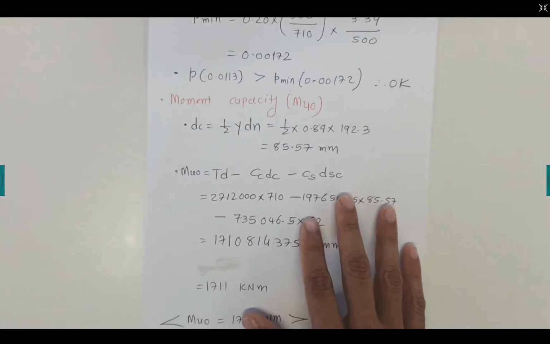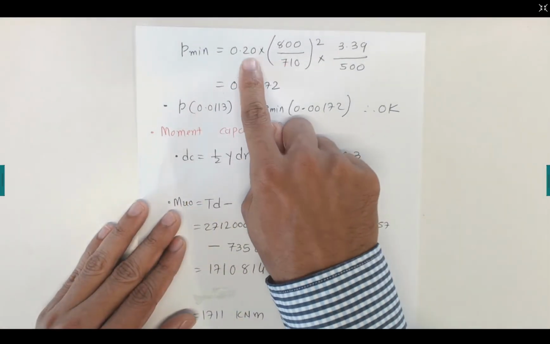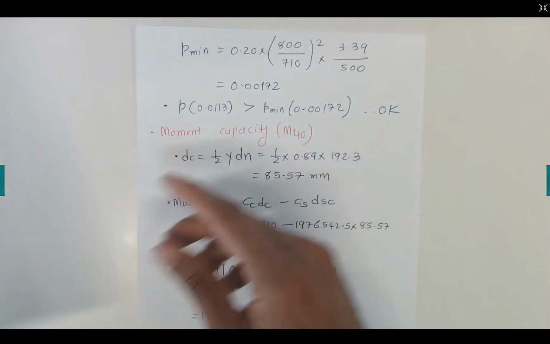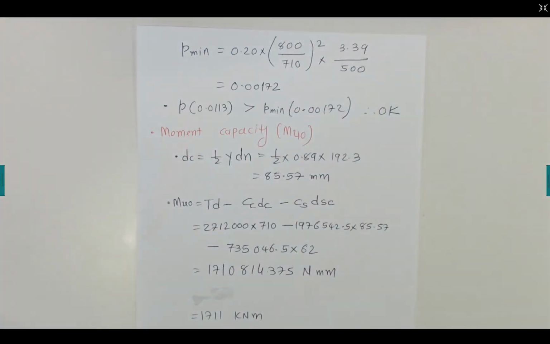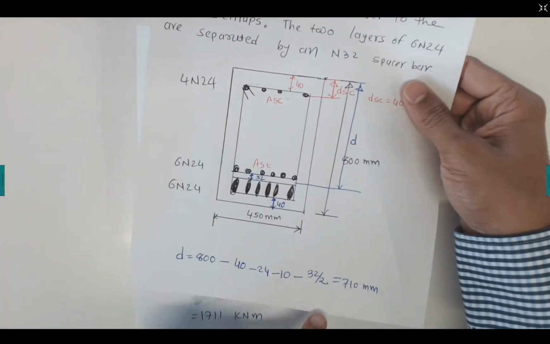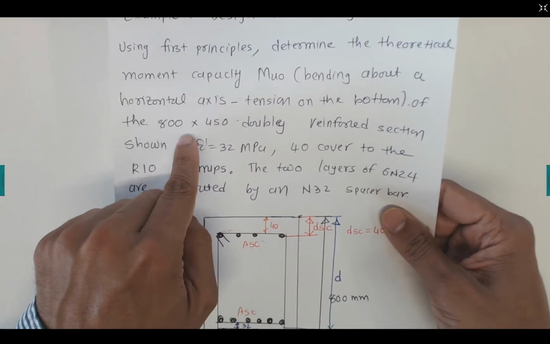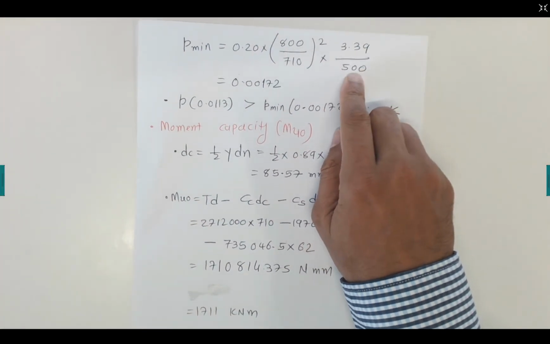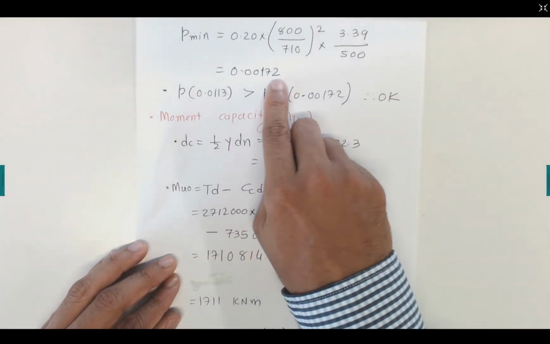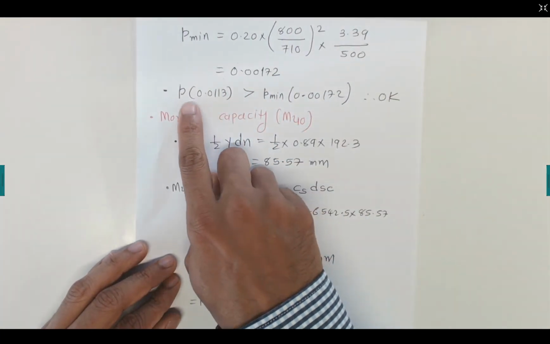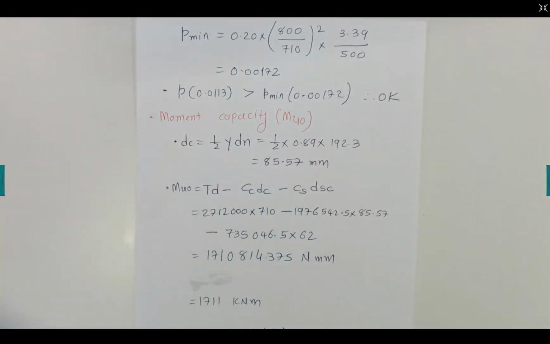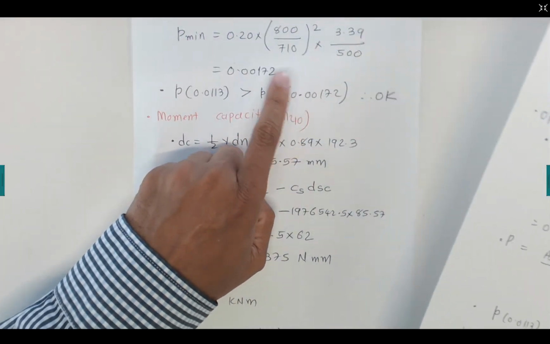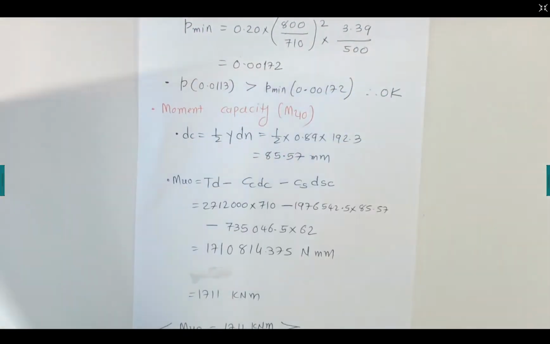Using this equation, capital D is 800 and small d is 710, so we have 800 squared, with 3.39 over fy 500 calculated. It gives us 0.017. The p value we just calculated, 0.0113, is compared with 0.0172, so the minimum capacity is okay.